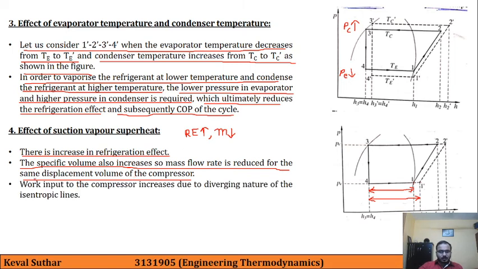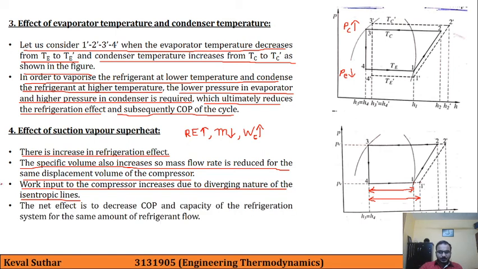And one more thing which is happening is the work input to the compressor increases due to the diverging nature of isentropic lines. So here WC, that is compressor work, has been increased because of the diverging nature of isentropic lines.